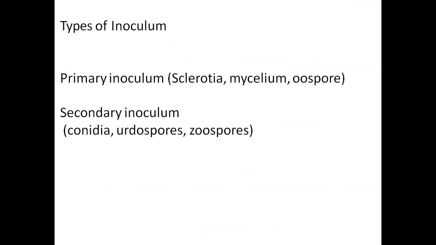How can we say which are the primary inoculum or which are the secondary inoculum? The primary inoculum is that by which the pathogens survive in the absence of host. The primary inoculum may be oospores, or the dormant hyphae or mycelium of the plant pathogens, or the sclerotia or hard structures of the pathogen, maybe the cysts or the galls or the cockles of the pathogen.